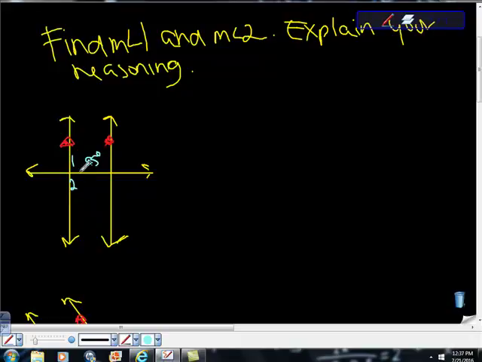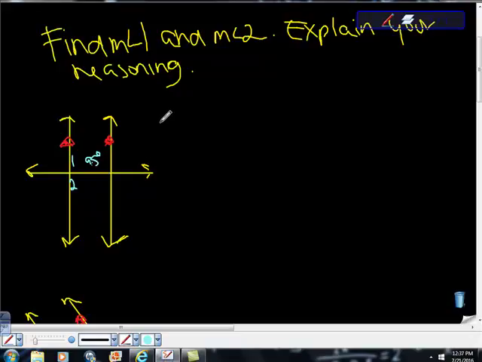First thing you can do is look at angle 1 and this angle here, which is 95 degrees. From what we learned in the last video, these angles are consecutive interior angles, meaning they lie on the inside of the two parallel lines and they're right next to each other.